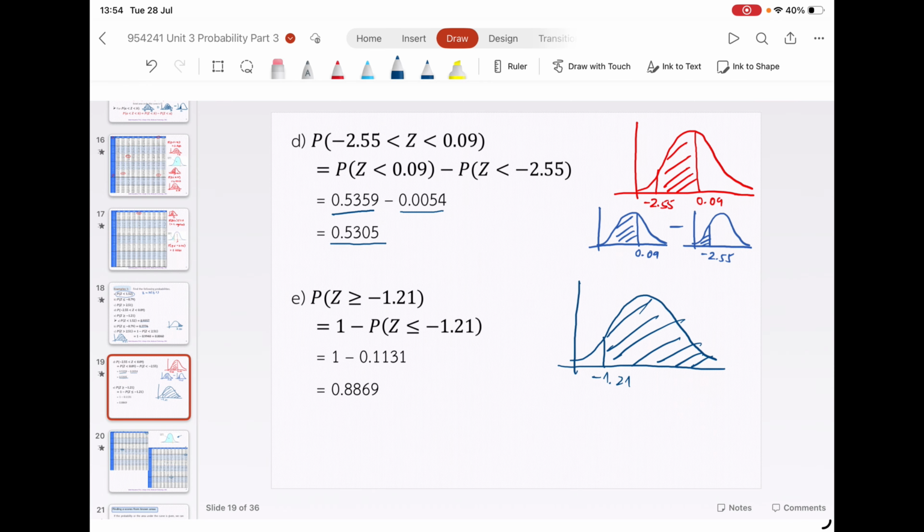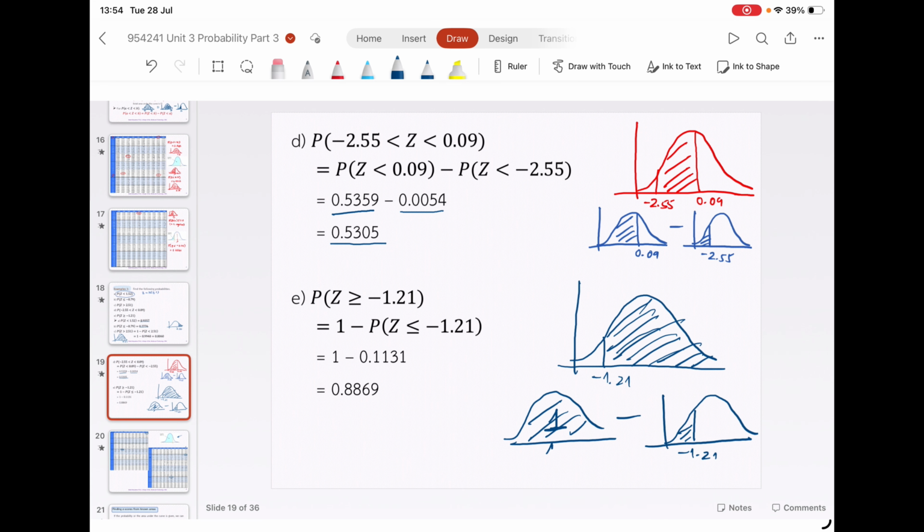The table gives the area from the left up to the value Z. So to find the area to the right, we subtract from 1. It's the whole area, 1, minus the area up to minus 1.21, right?